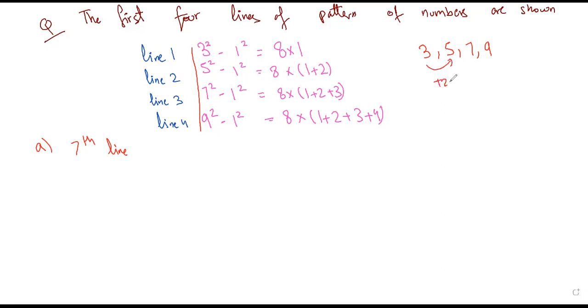I'm adding 2 to get the next one. So this itself is an arithmetic sequence, right? So for finding out the 7th line, it is the first term, second term, third term, fourth term. Fifth term would be 11, sixth would be 13, and it would be 15, right? So this is going to be the 7th term of the sequence which I made out of the line pattern. Anything that you have not understood so far, please stop me.